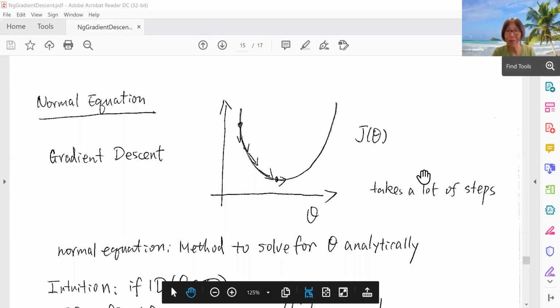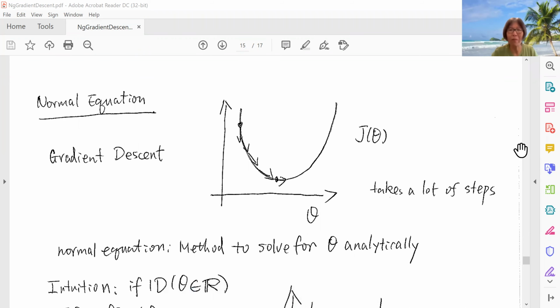Okay, so we will continue our discussion about linear regression, the machine learning for linear regression. In the last class, I believe we already discussed quite a lot on linear regression with gradient descent.